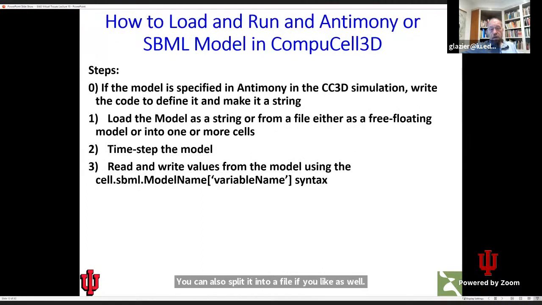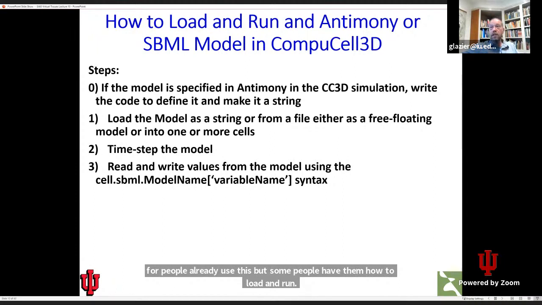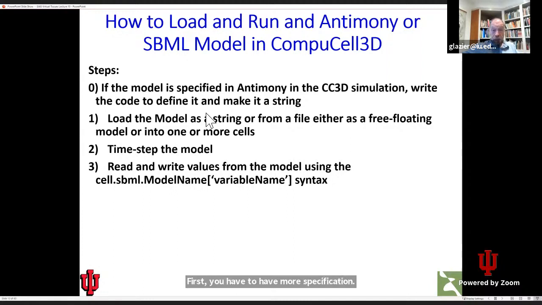To remind you, this is again going to be a review for people who've already used this, but some people haven't: how to load and run an Antimony or SBML model in CompuCell. First, you have to have a model specification. If you're using SBML, you're stuck.